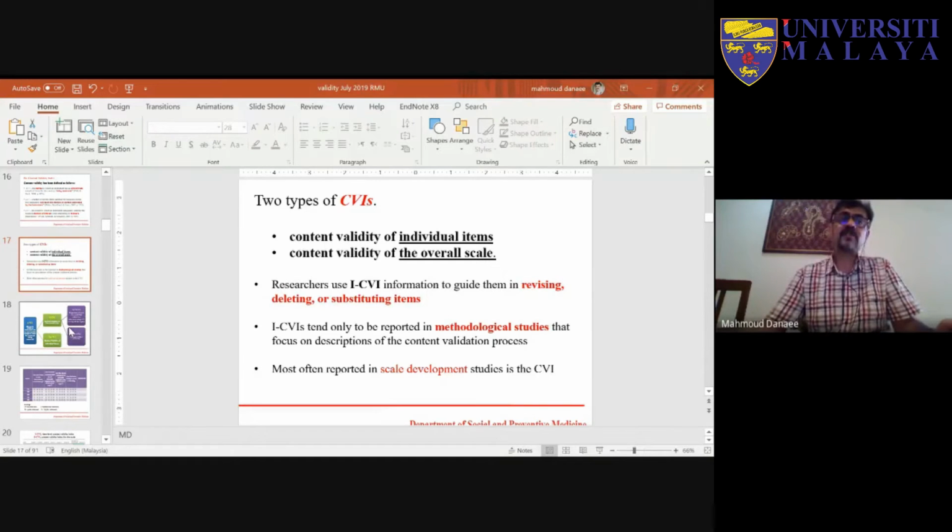But for development of an instrument and adaptation of a new instrument, because adaptation means you have a big modification, you gather the items from different sources to form your questionnaire, you need to measure the content and face validity by the experts. So the pretest should be a detailed pretest with calculation of the CVI, in terms of the I-CVI and S-CVI.